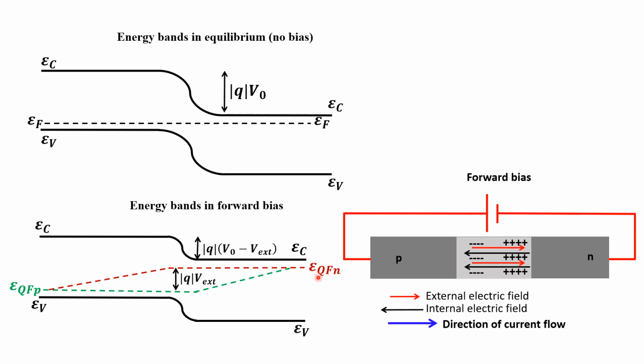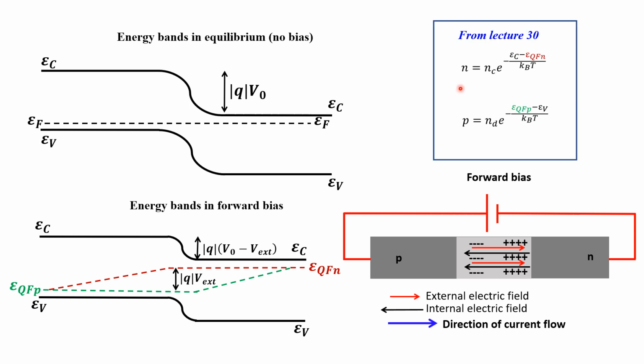We have a quasi-Fermi level for electrons, which is represented as the dashed line, and we have a quasi-Fermi level for holes, which is represented as the green line, and none of them are constant across the junction, because the junction is not in equilibrium. If they were constant, we would be in equilibrium. Now we need to understand why they look like that.